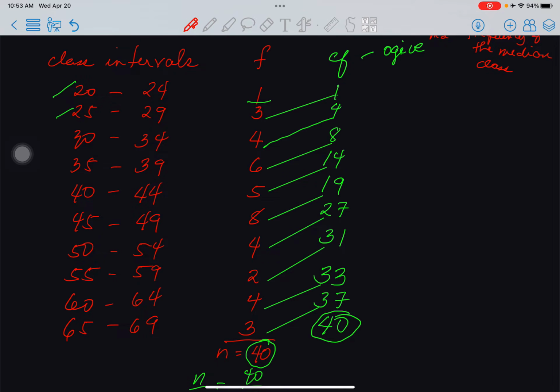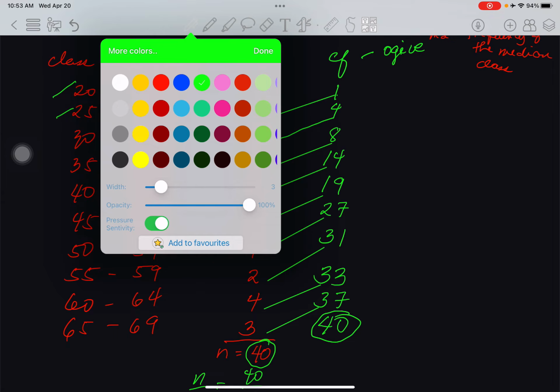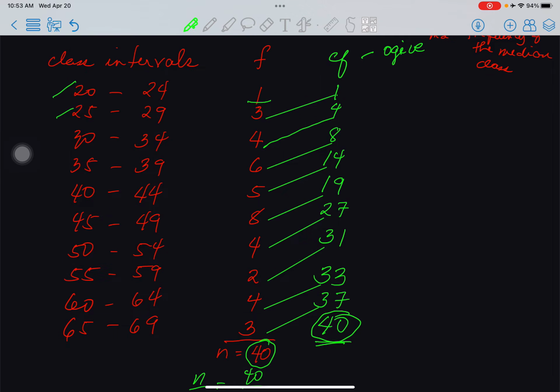How is that? From 40, you subtract 40 minus 3, then you will get 37. The same process as what we did earlier, but you need to subtract if you begin from your highest class interval.